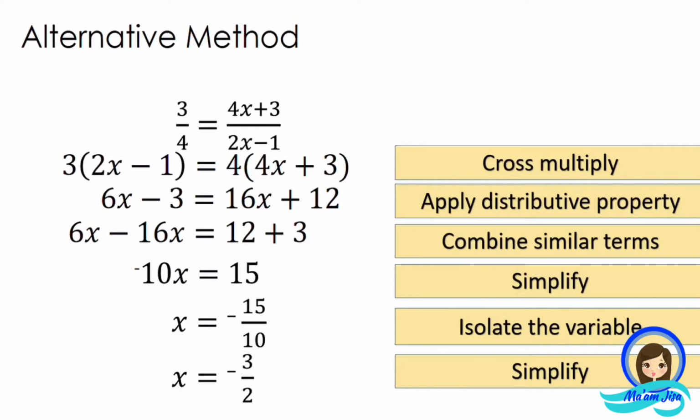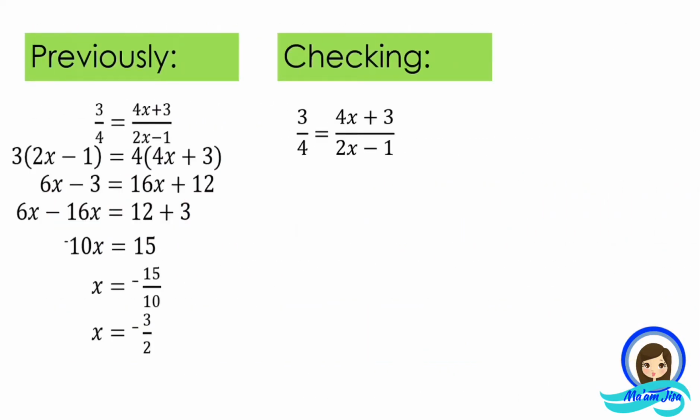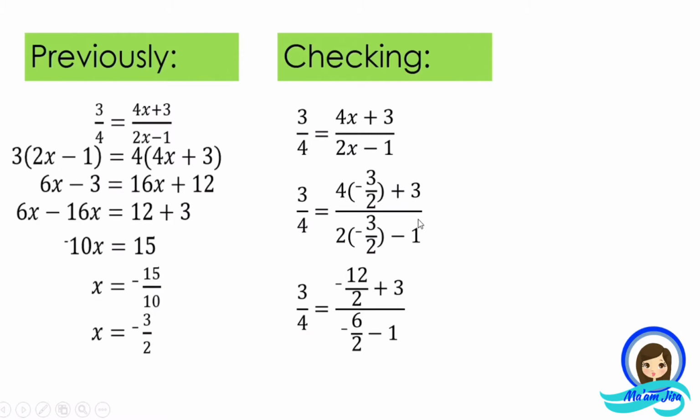Let's check whether negative 3/2 is indeed a solution or just an extraneous solution. So we need to substitute x with negative 3/2. Then simplifying, we have 4 times negative 3/2 is negative 12 over 2 plus 3.